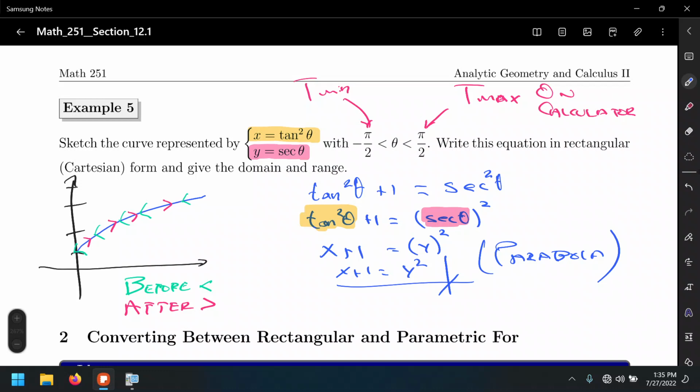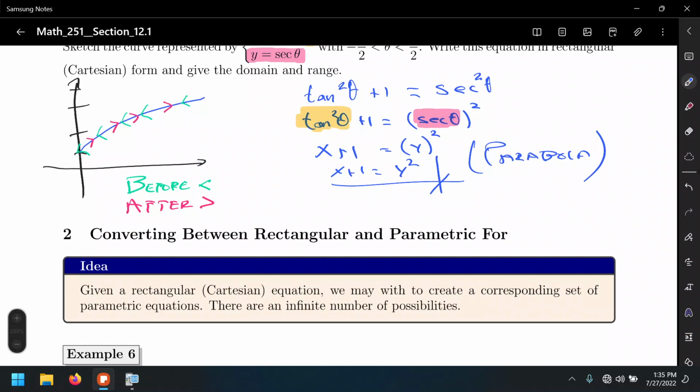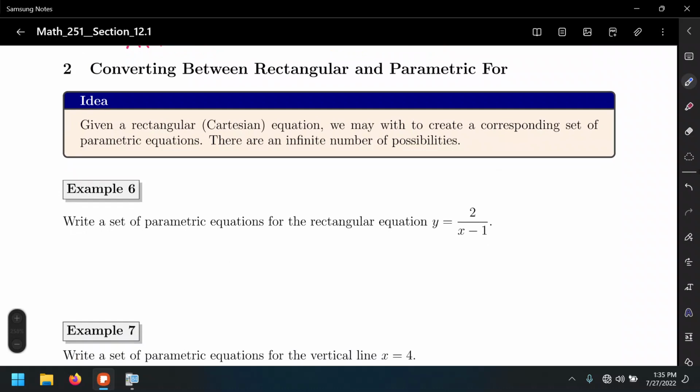Okay, so another very important result when it comes to converting between rectangular and parametric form. Another very interesting property about parametric equations is that the way we parameterize these functions is not unique.